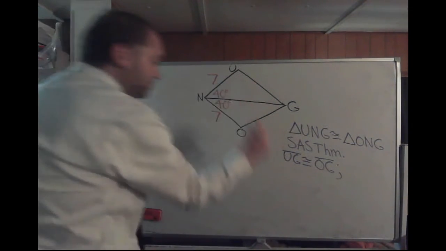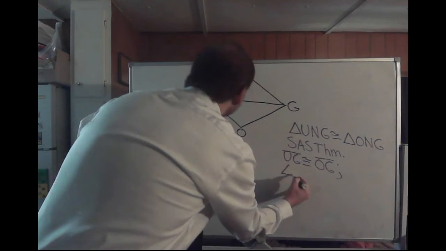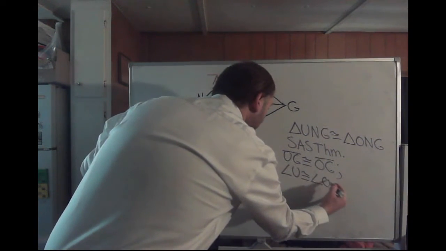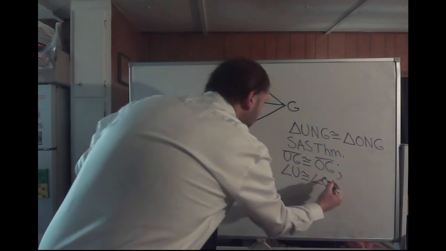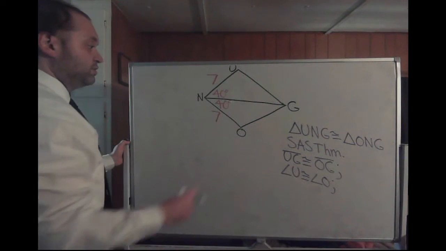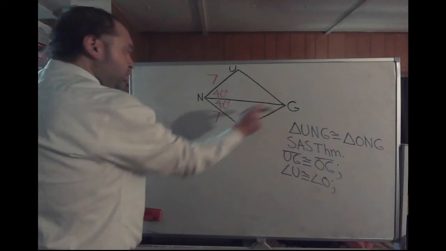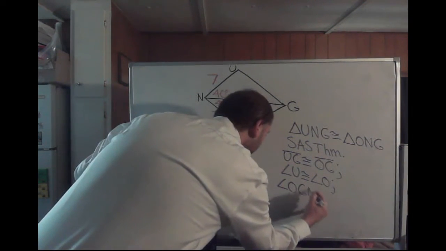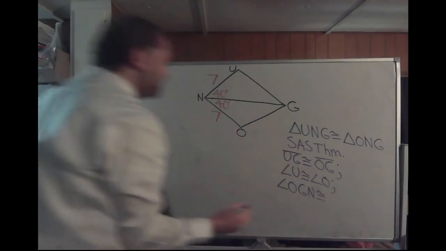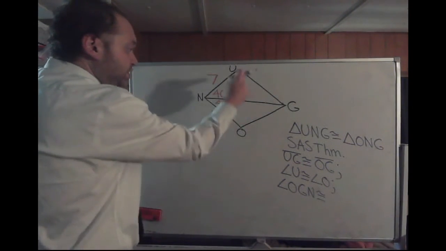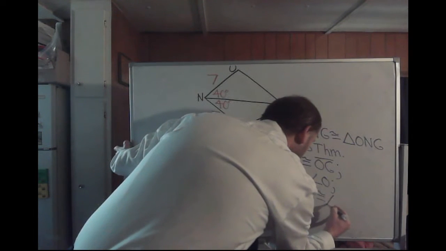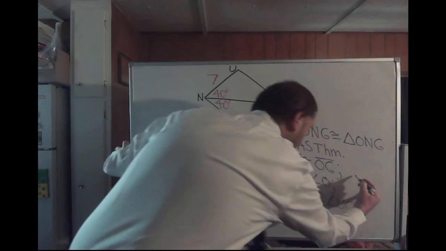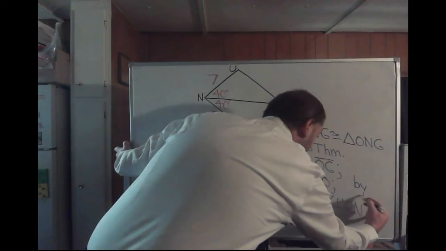We can conclude that angle U is congruent to angle O. And then last but not least, we can conclude that angle OGN is congruent to angle UGN. All these three by CPCTC.